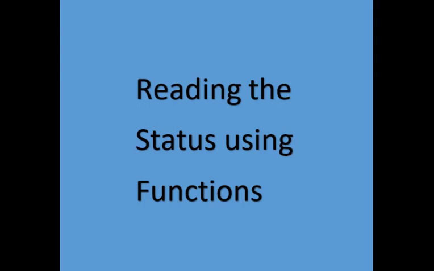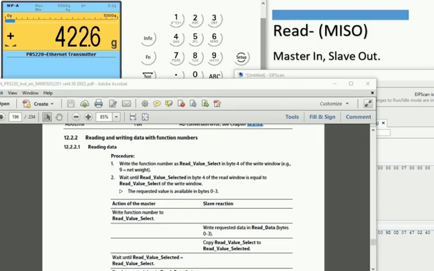When we request the weight, we get back a double integer number, but we don't know if it's kilograms, grams, or pounds. We don't know how many decimal points there are supposed to be in there, and we don't know what the readability is. You know, is it 0.1, 0.2, 0.5? We can determine that by reading function 4.